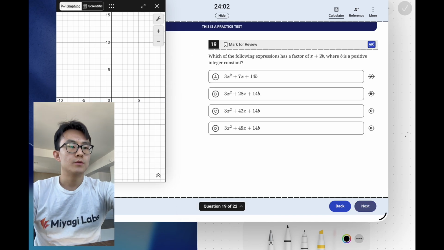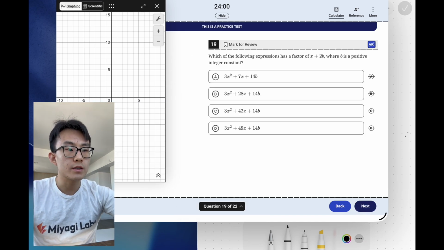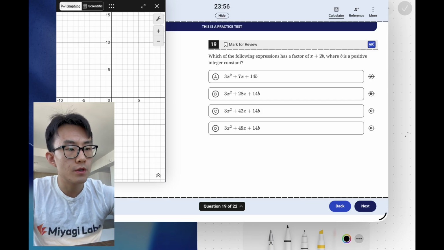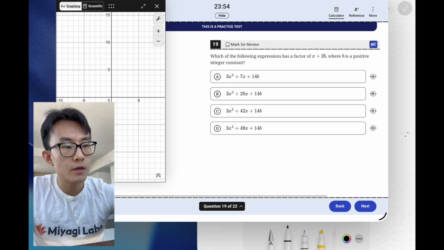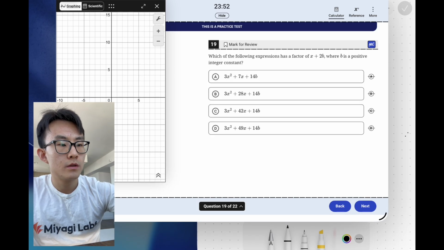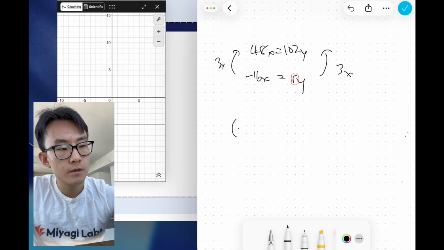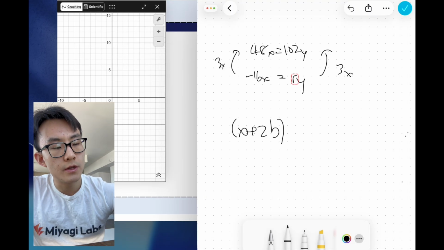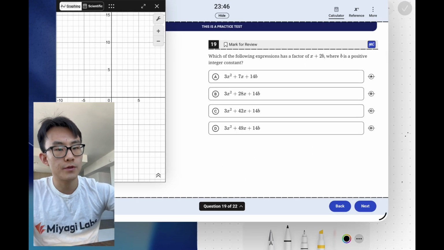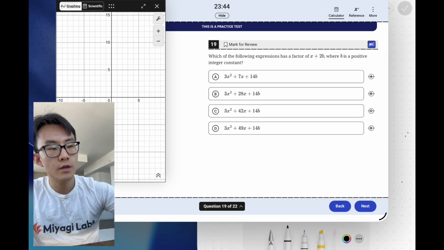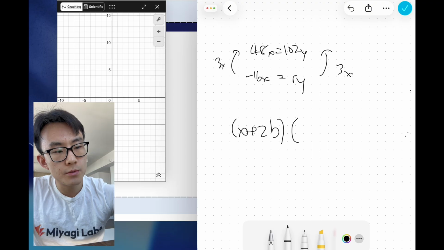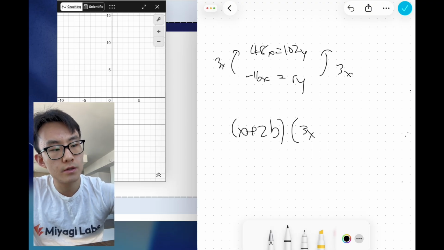Okay. Which of the following has a factor of x plus 2b, where b is a... Okay, so x plus 2b. And then the other thing, we see all of these have 3x squared and then 14b. So we need this to be 3x, because otherwise we're not going to get 3x squared.